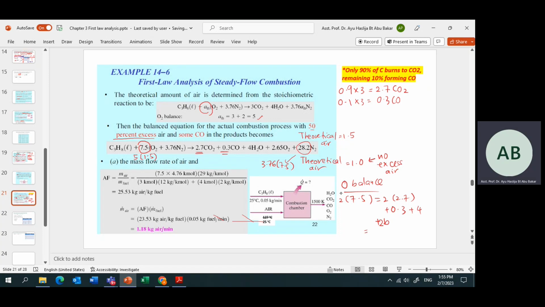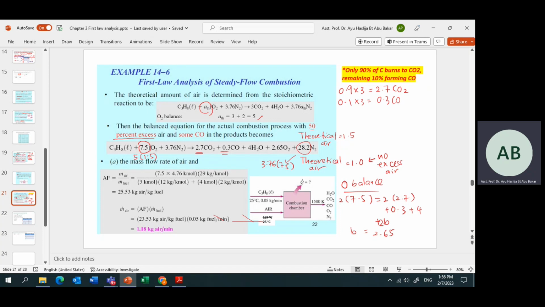Okay, from there, do the balance, you'll get B equals 2.65.